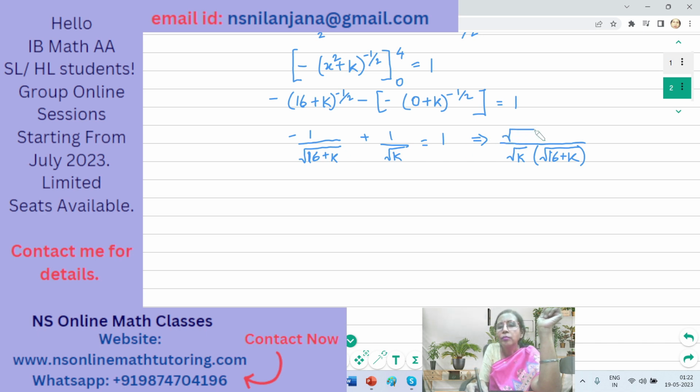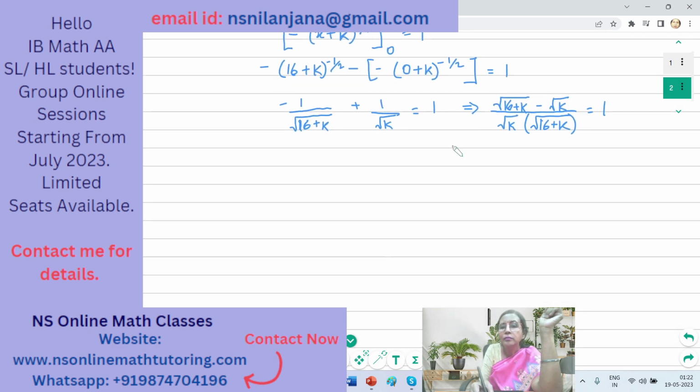So root 16 plus k minus root k is equal to 1.